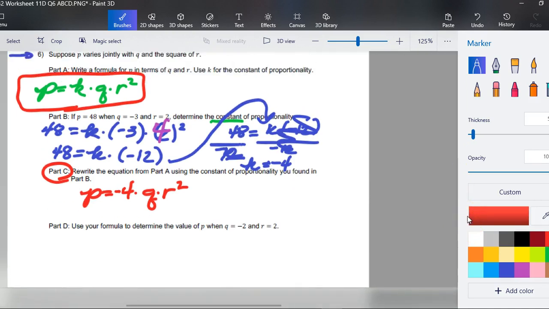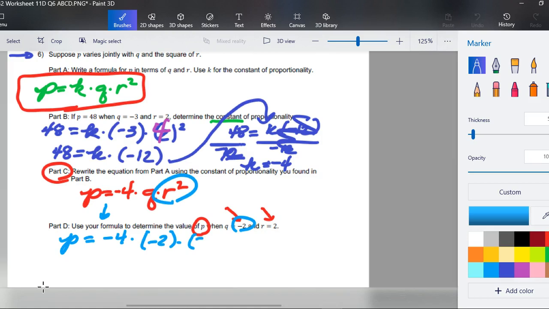Use this formula we just found to determine the value of P when we know that Q is -2 and R is 2. I'm going to jump straight to the formula and not rewrite it, and just say that P is worth -4 times Q, which is -2, and R, which is 2, but in this case it is squared.